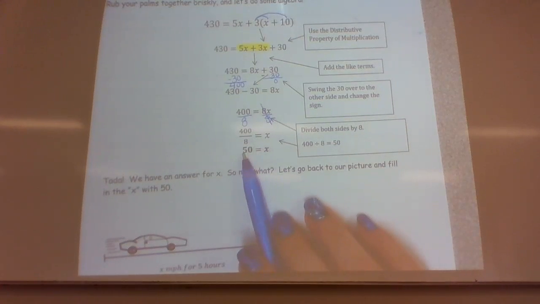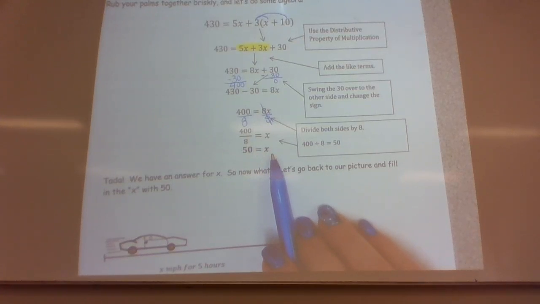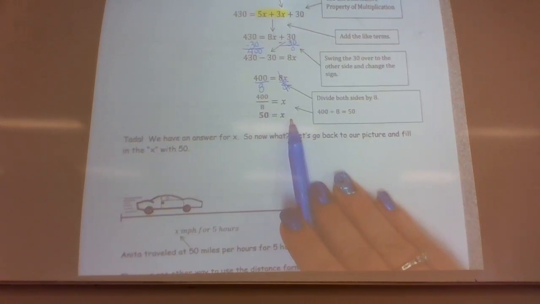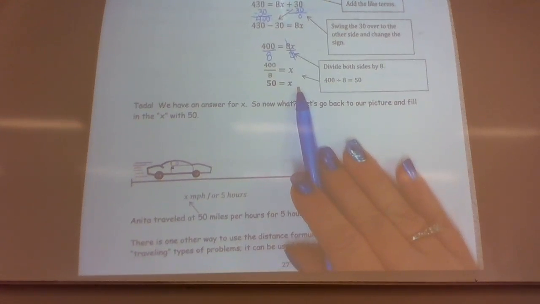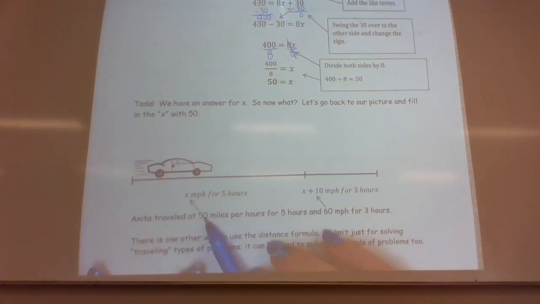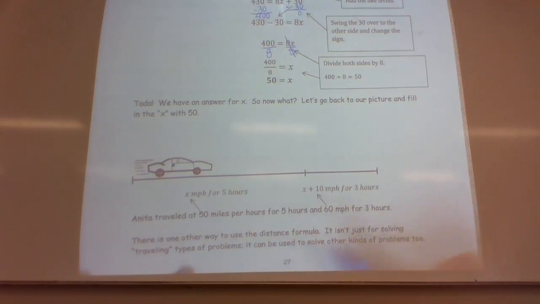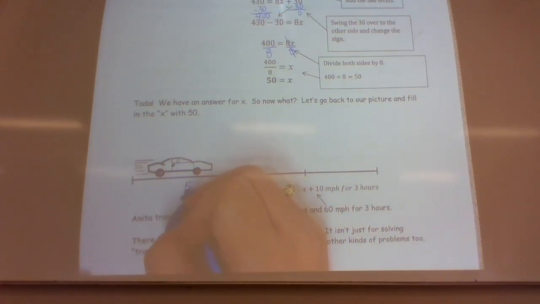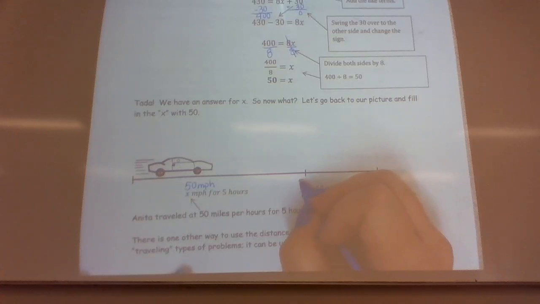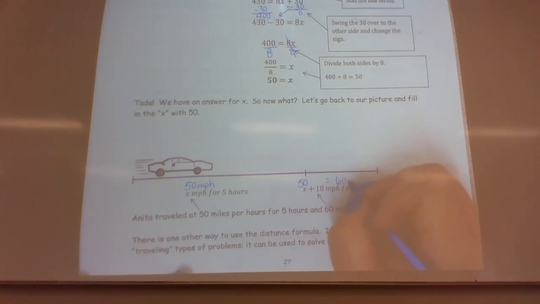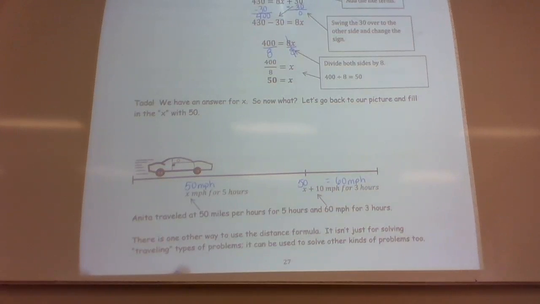So we have a rate of 50 for x, but we're not done. I know, you wish we were done, but we're not. Sorry. So now we have to solve for x. So what are we going to do? Well, x is 50. So she drove 50 miles per hour for 5 hours, and then she drove 50 plus 10, which is 60 miles per hour for 3 hours.